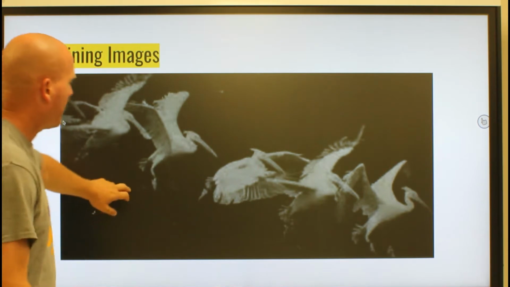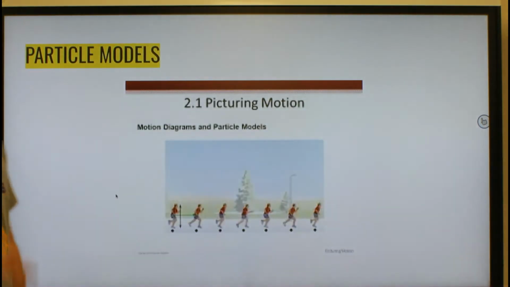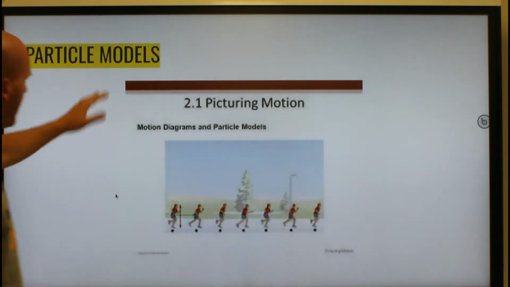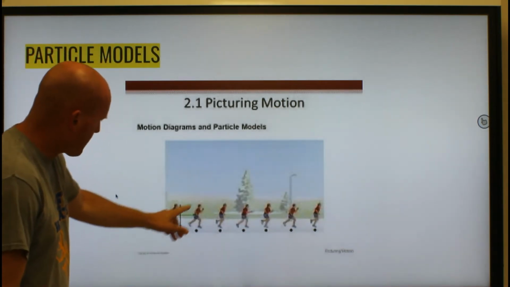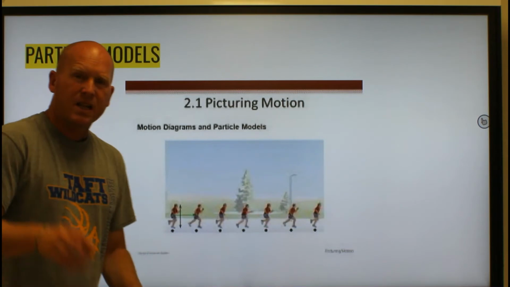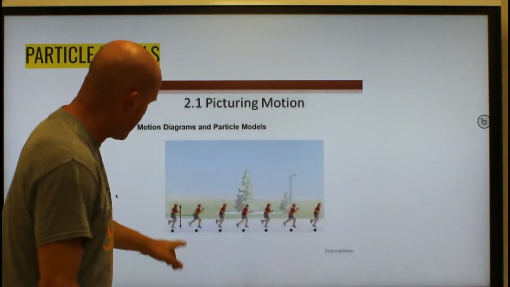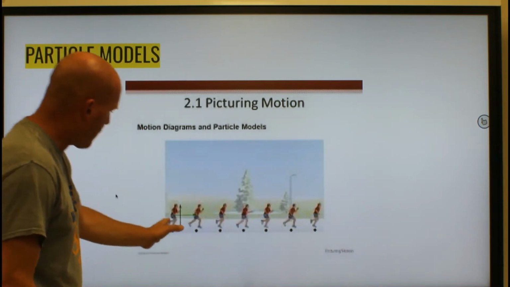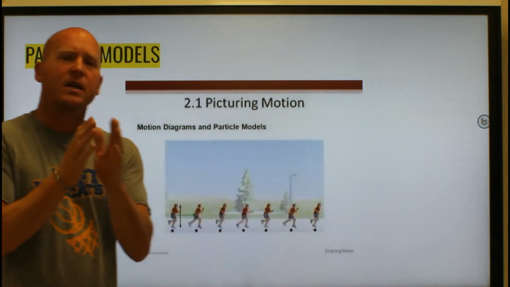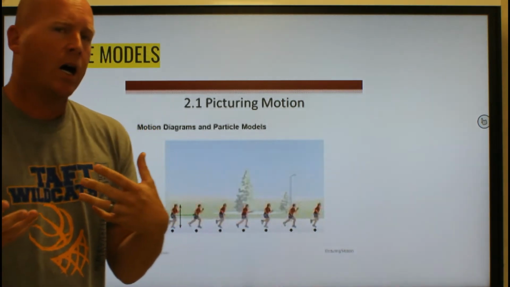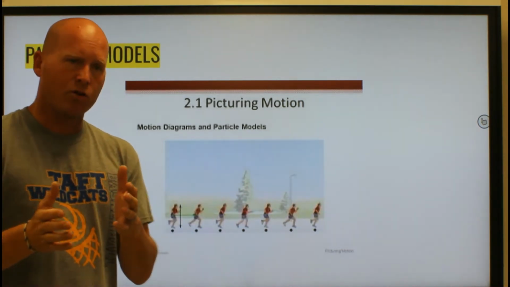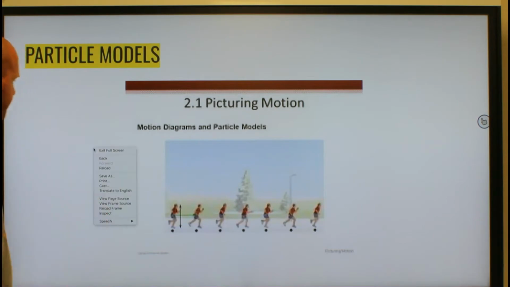Lastly, we have particle model, and I know this is really tough for you to see on this video, but it's showing a person running, and instead of actually drawing a person, they're showing these dots. As you can see, the way the dots are spaced is going to give us an idea of how fast or slow or how consistent this object is moving.